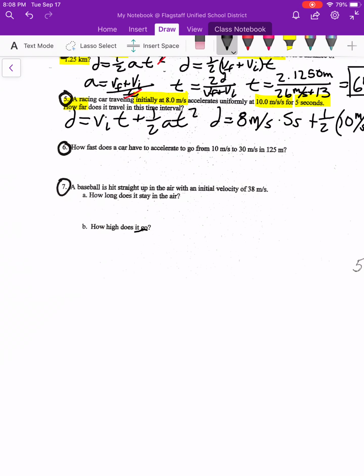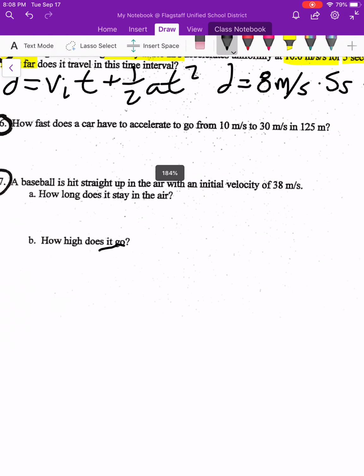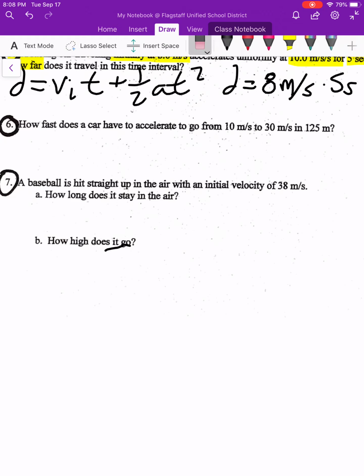Okay. Moving on. Let's try to fill up the whole page. Number 6. How fast does a car have to accelerate to go from 10 meters per second to 30 meters per second in this distance? Okay. So how fast, this is kind of tricky, right?